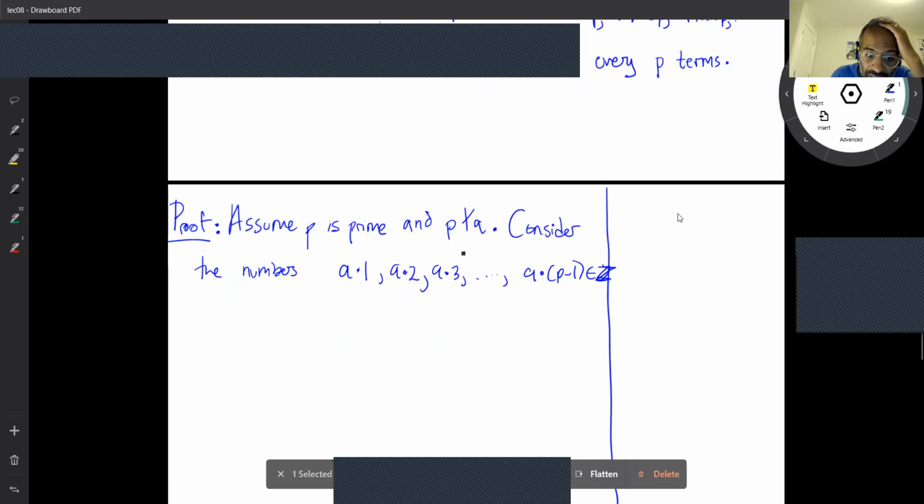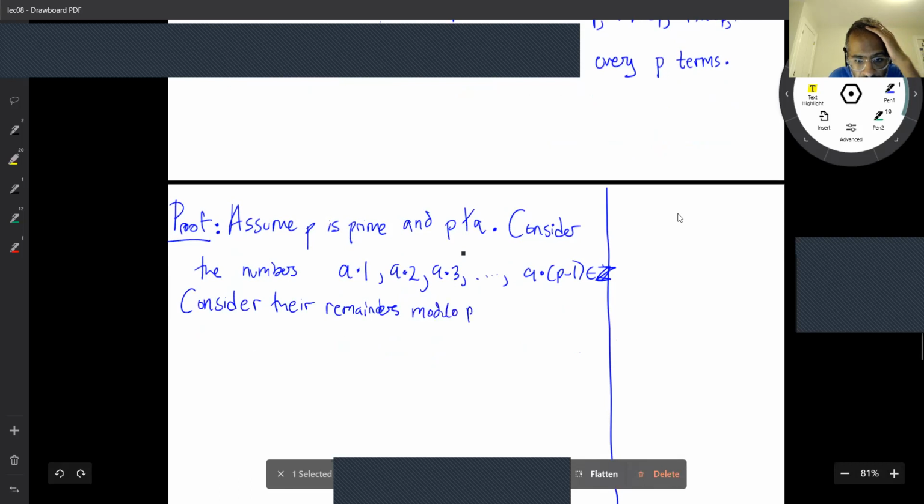And now consider their remainders, remainders modulo P. So let's give these names. R1 is A times 1 mod P. So this is equality, this is not congruence. I'm defining R1 to be the remainder of A times 1 mod P. R2 is A times 2 mod P, and so on.